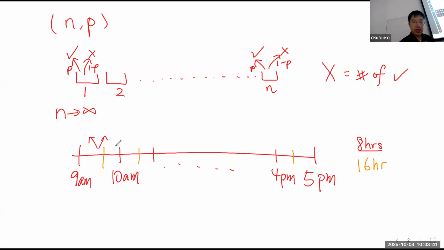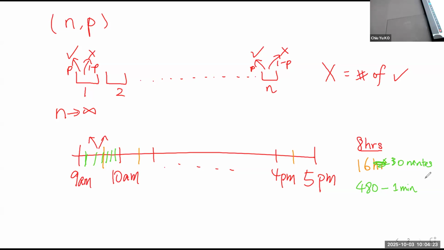So instead of 8 hours divided into 16 half-hour intervals, you have 480 one-minute intervals, right? And you can go on and cut this as small as possible. You go to infinity, okay? And of course, when you go to infinity, the p may be very small, but it's not zero, right?